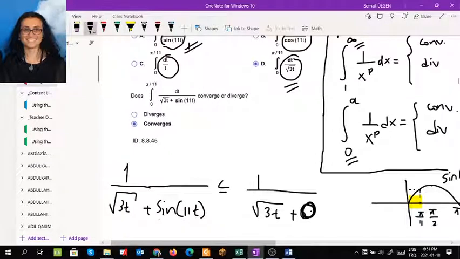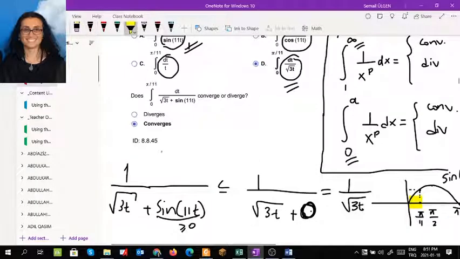Therefore, if you want to enlarge a ratio like this, where the denominator is greater or equal to 0, in order to enlarge such a fraction you should take the smallest value of this function. The smallest value is 0, so we put in 0. So it is true that this function is less than this function.